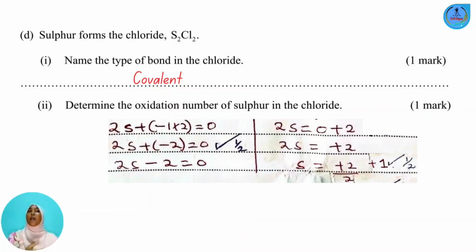You make the 2 sulfur atoms the subject of your formula on one side, so you take the numerical value to the other side, and by doing so, it changes its sign from negative to positive. So 2 sulfur atoms is equal to +2. 1 will have a charge of +1.